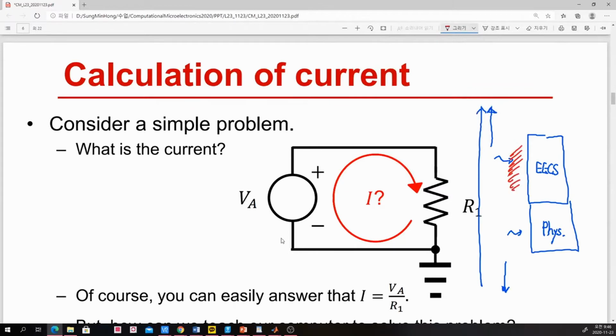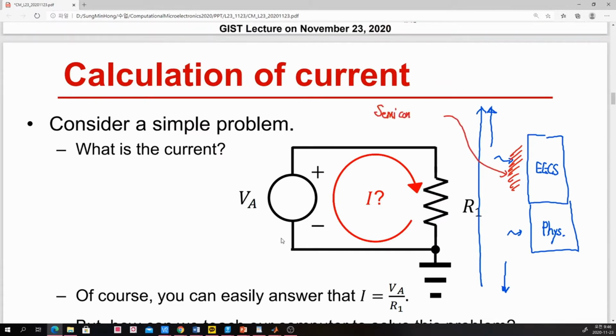Up to now, we have discussed many things related with exactly this part. So if your major is semiconductor device, then maybe you have felt quite comfortable with our lecture contents.